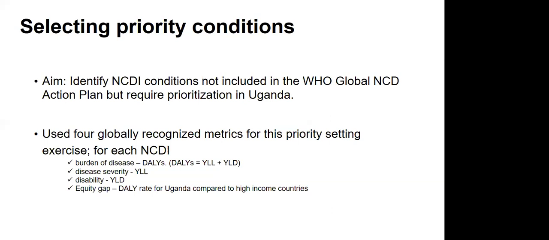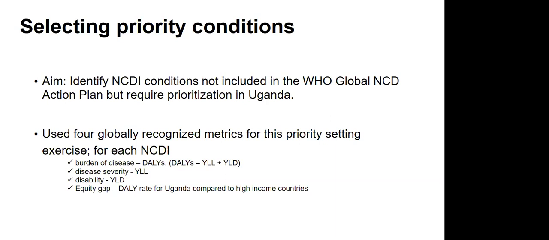So how did we arrive at these priorities? The aim of the prioritization was to identify conditions not included in the WHO Global NCD Action Plan, but requiring prioritization in Uganda. So this document is not independent. It is coming to complement the efforts and strategies, policies, and other documents or activities that are already happening or in the pipeline to prevent and control NCDs.